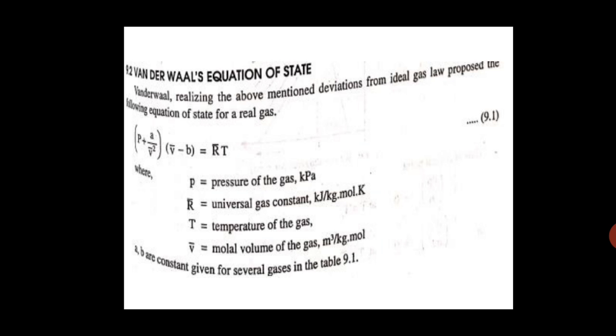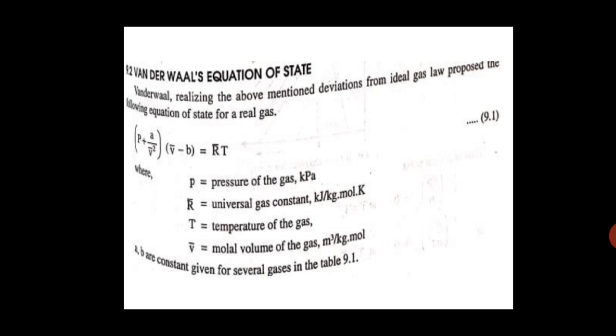You can see here the unit is given as meter cube per kg mole. Meter cube means it is volume, per kg mole means it becomes specific volume per mole. So the equation is (P plus a by v bar squared) times (v bar minus b) equals R bar T, where R bar is the universal gas constant, P is the pressure of the gas in kilopascals, and T is the temperature of the gas in Kelvin.